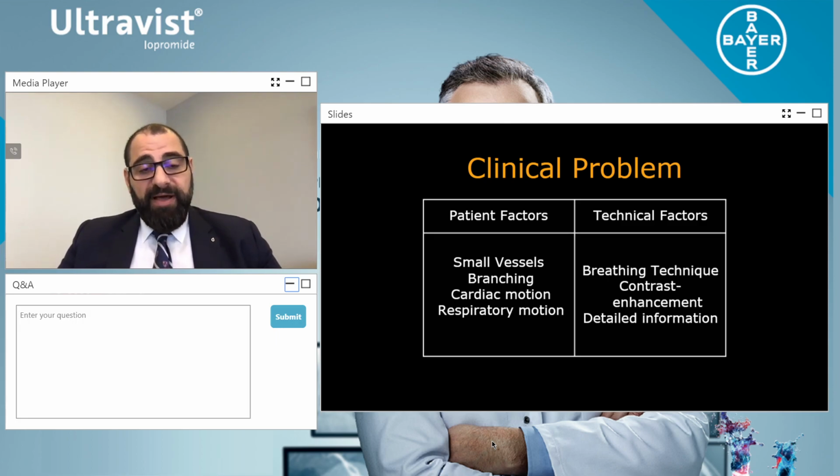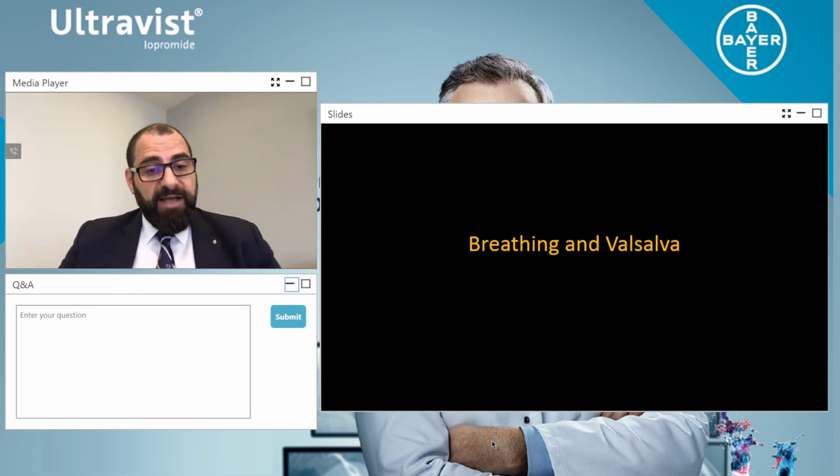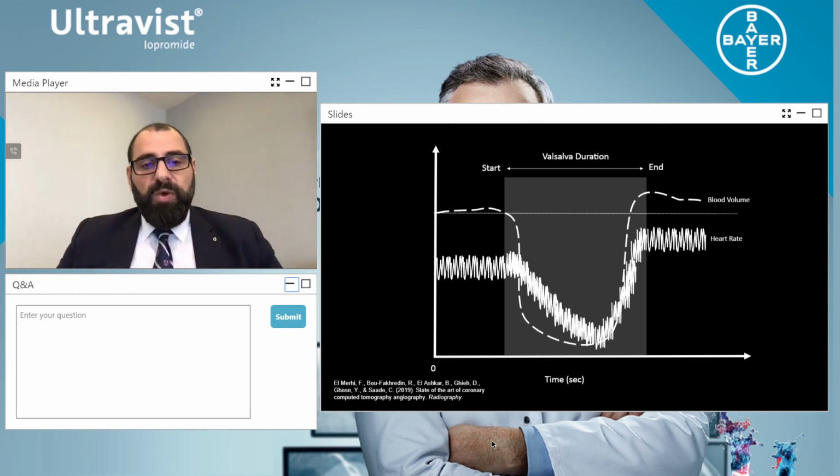So let's talk now about the first patient factor and how we can solve this issue. Whenever we breathe in and hold our breath, usually patients will breathe in and hold their breath with their mouth closed. What happens is within 3 seconds, the heart rate increases. The stroke volume thinks, or the body thinks, fight or flight response.